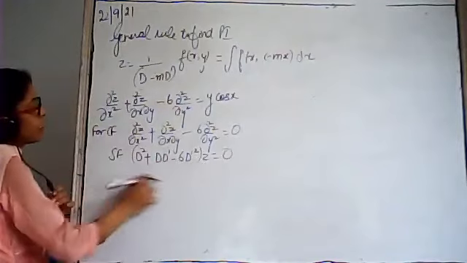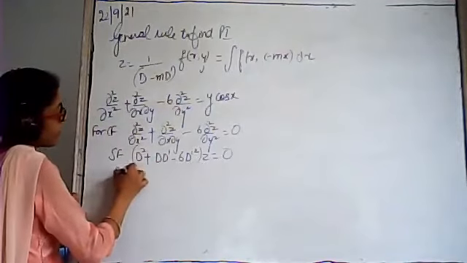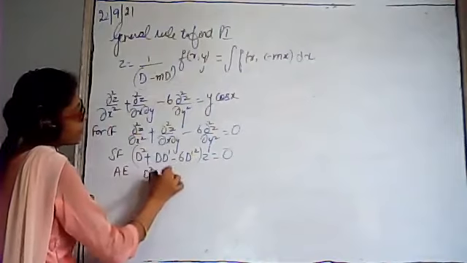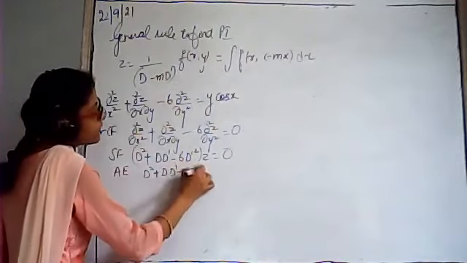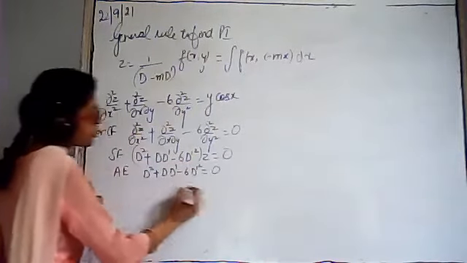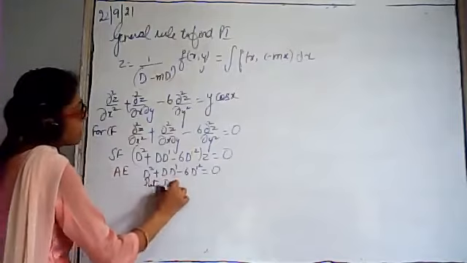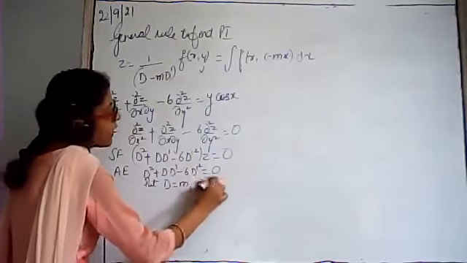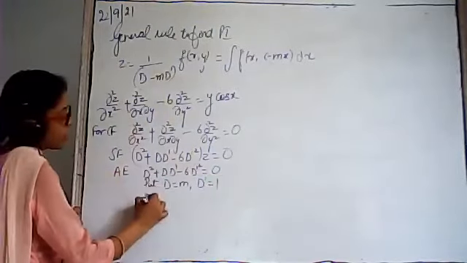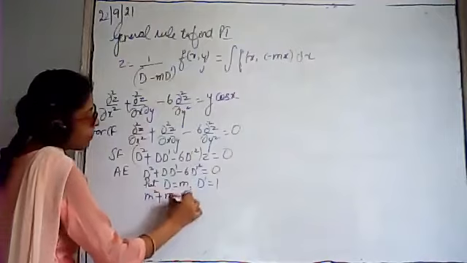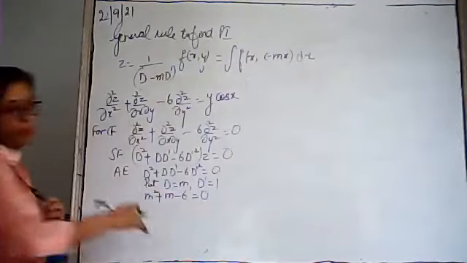I have taken this z outside the bracket. After that auxiliary equation will be D² plus DD' minus 6D'² is equals to 0. After that put D equals to m and D' is equals to 1. We get m² plus m minus 6 is equals to 0.